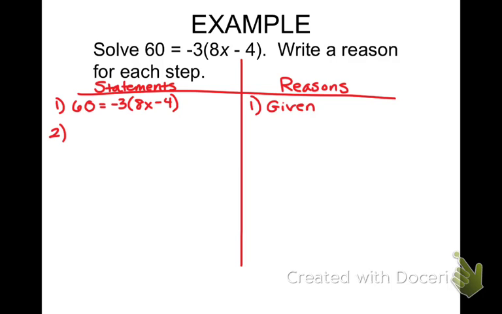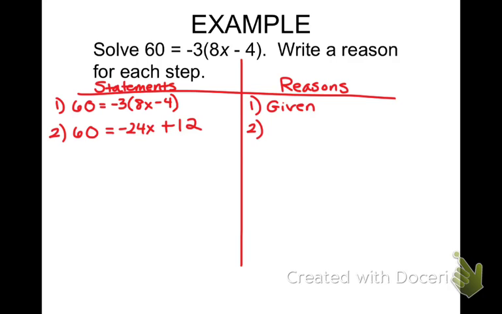What would you do first to solve that equation? Distribute, right? So let's rewrite it after distributing that negative 3. So the 60 is going to stay a 60 equals, what is negative 3 times 8x? Negative 24x, good. Negative 3 times a negative 4 is positive 12.